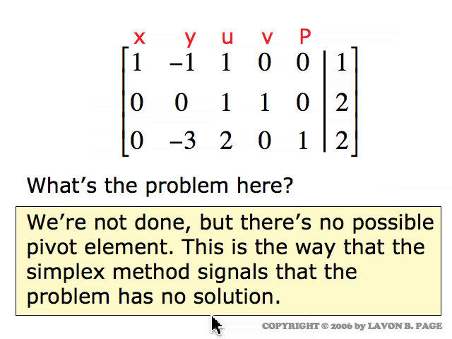Basically, what it's telling us is that there is no solution to this problem, that the nature of the solution region is such that there is no maximum value for the function p in the solution region. Now that may seem paradoxical to you, but it's true.